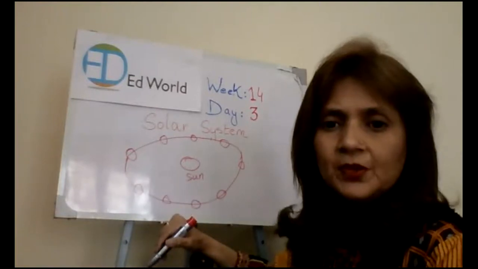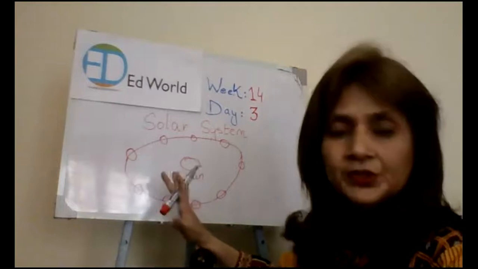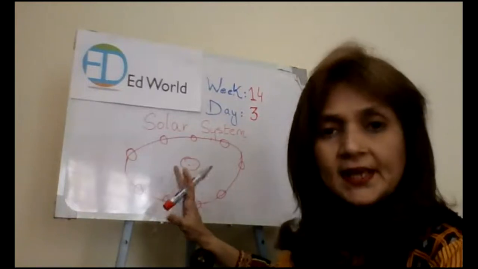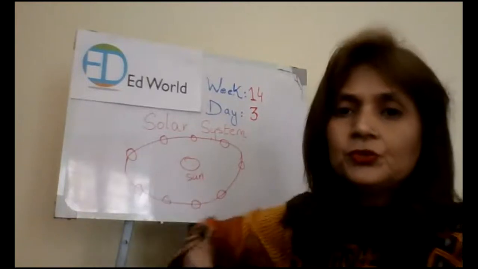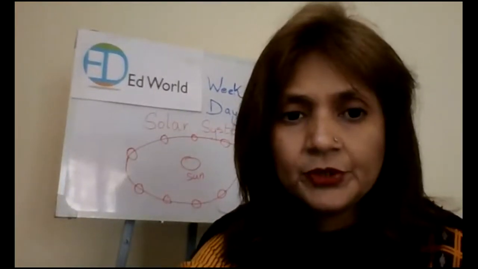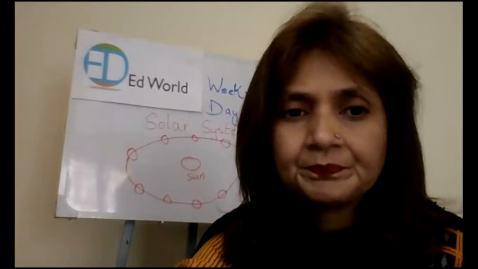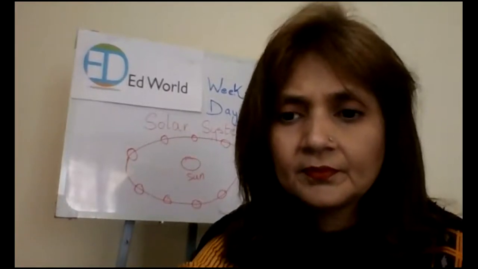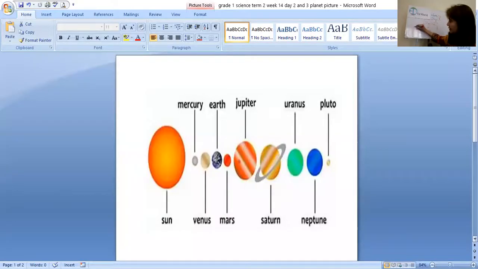Got it? You understood? Like this, you are going to draw circles, and then you are going to write the names of different planets like I'm going to explain to you. Now first you will write down Mercury. Start doing your work with me, okay? Otherwise you will not understand.